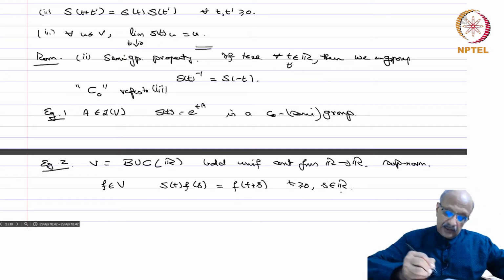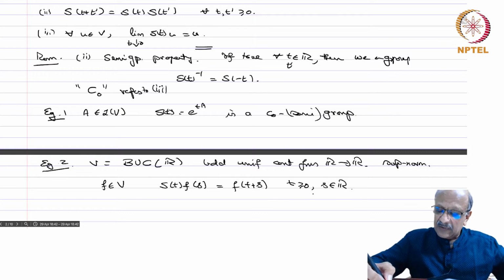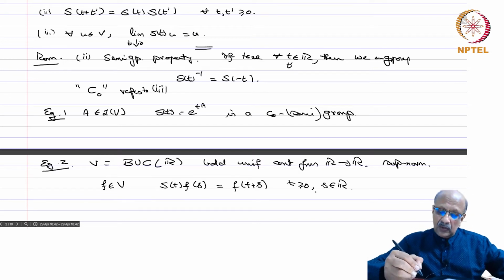Then of course S(0) is identity, that is obvious because S(0)f is nothing but f. And then the semigroup property is obvious because if you translate once and then you translate by another number, it is the same as translating by t1 plus t2. And then the continuity comes because they are all uniformly continuous functions.